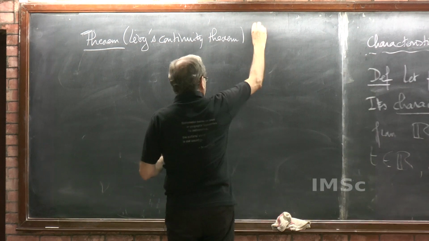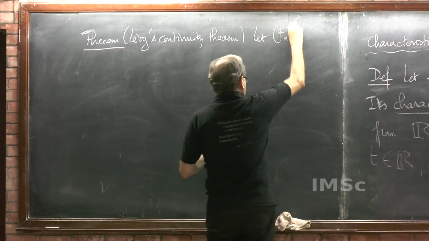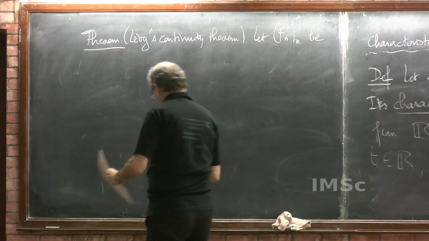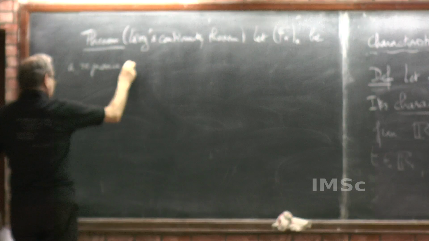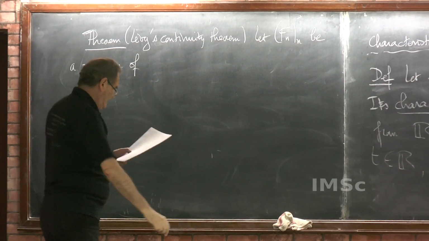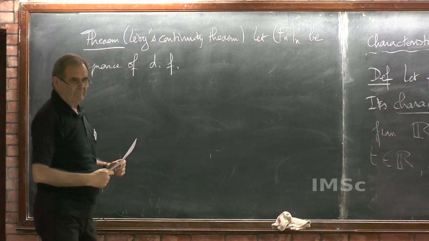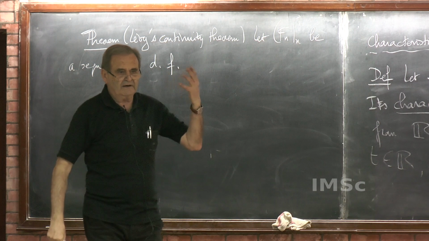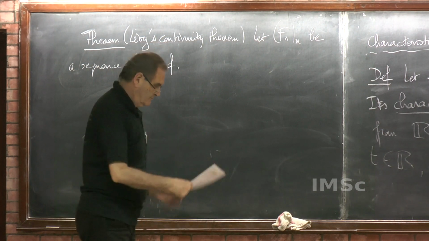So, okay, let Fn be a sequence of distribution functions, which means that behind that you have probability measures, the same thing.